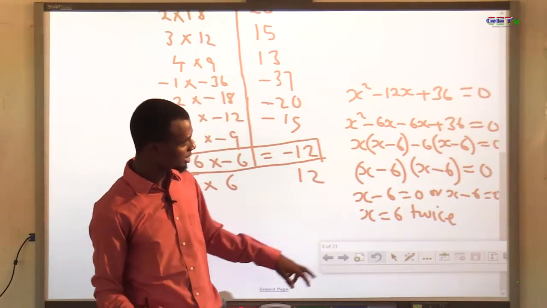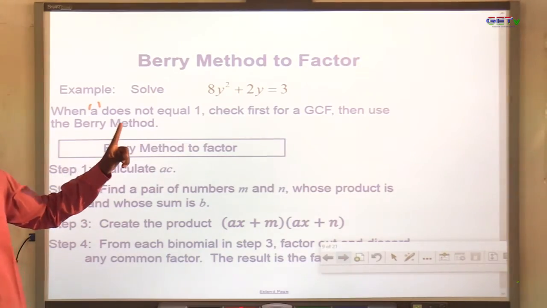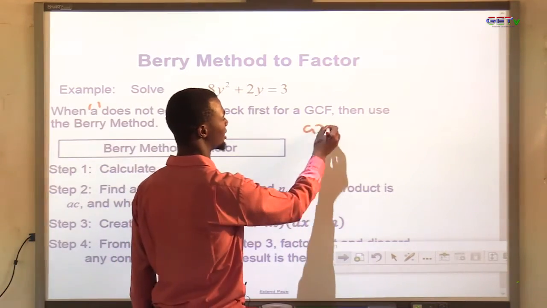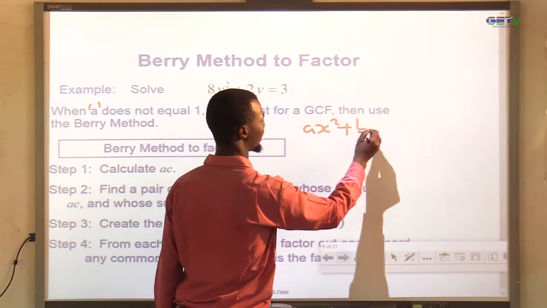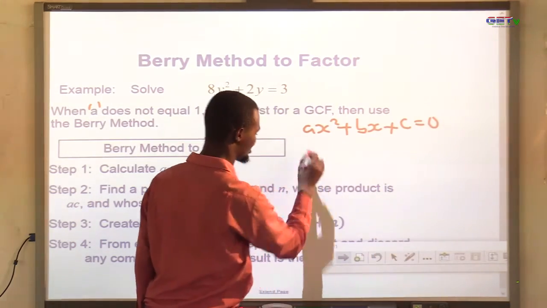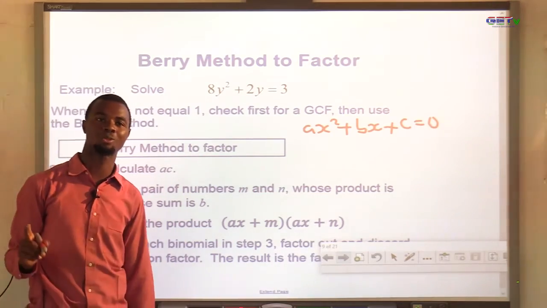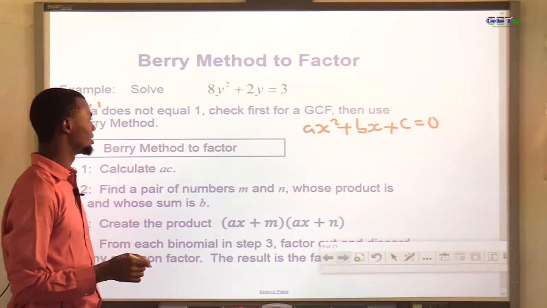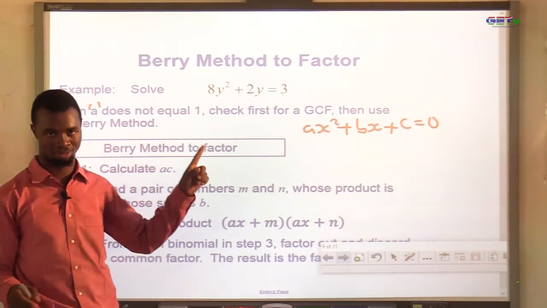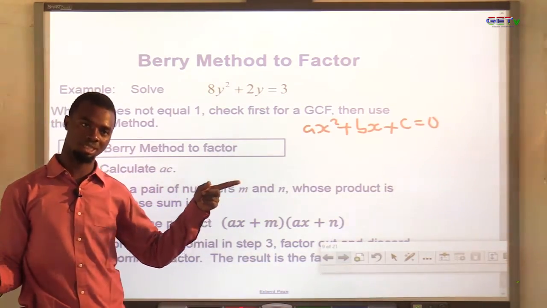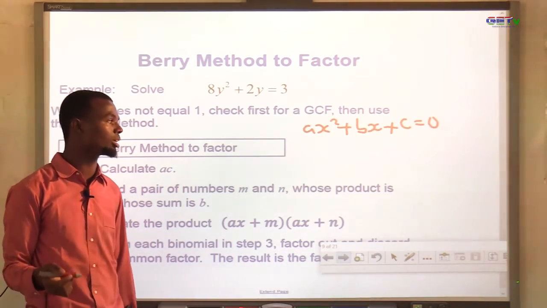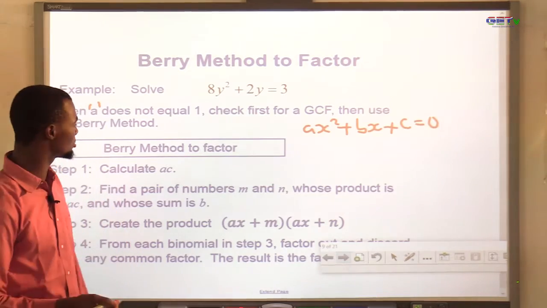So we go to the next one. When a does not equal 1, meaning in the equation form, that is ax squared plus bx plus c equals 0, when this a is not 1, the coefficient of the square term is not 1. Check first for the GCF, then use the Berry method. Check first for the GCF, that is the greatest common factor, which is known as HCF, that is the highest common factor.